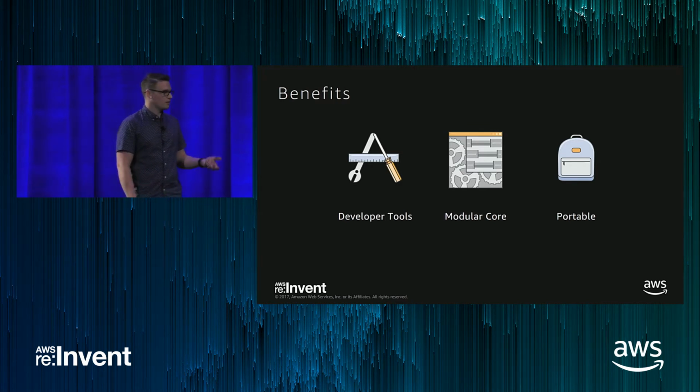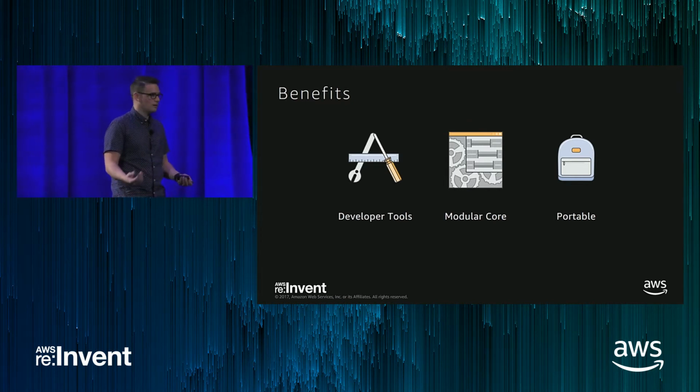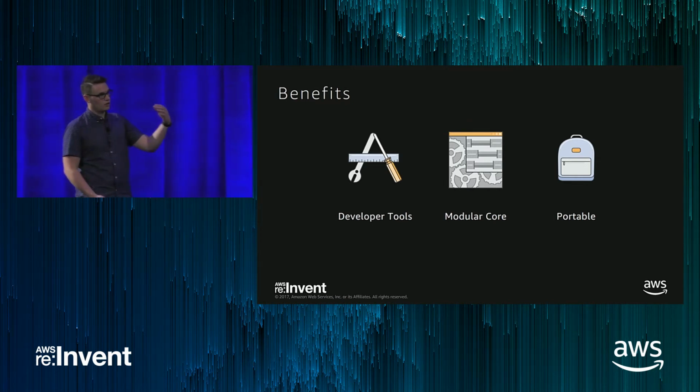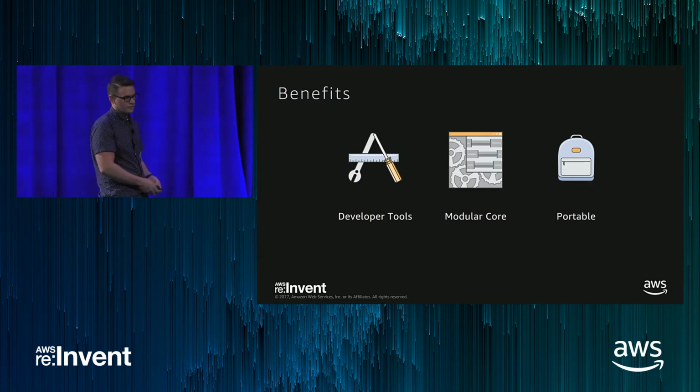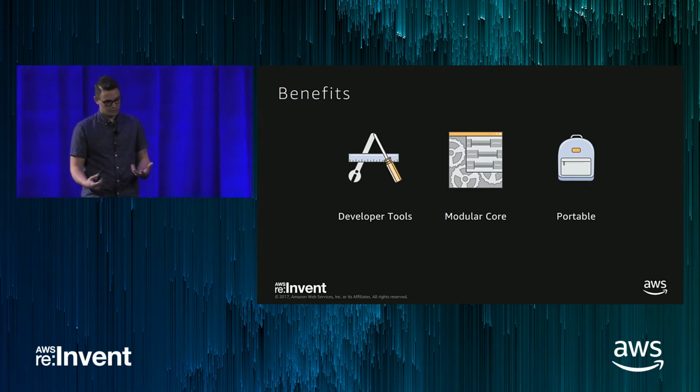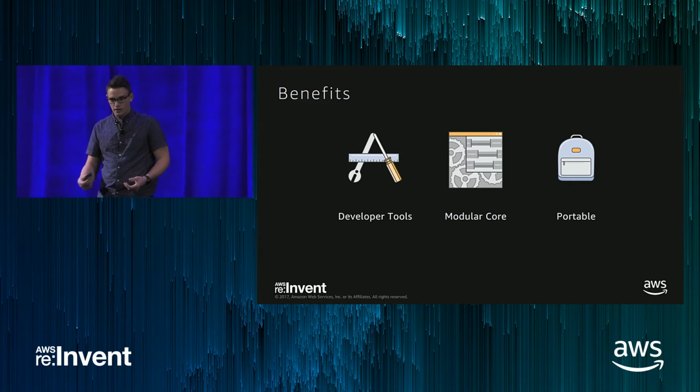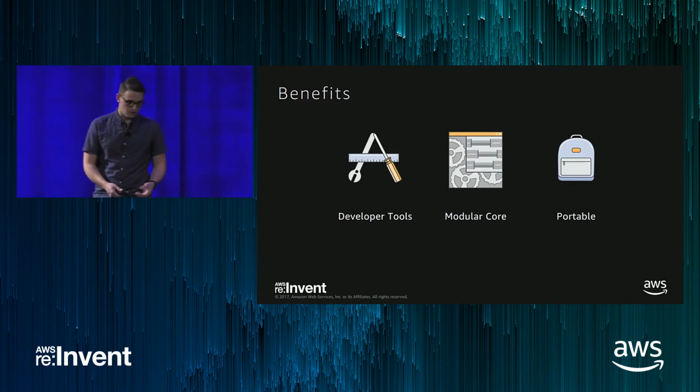You also have companies like CoreOS who make Tectonic, who really strive on being an upstream-based but enterprise-supported Kubernetes deployment. And then you have all the open source projects that will help you deploy as well. And so you can run this on-prem, in the cloud, anywhere you really want to.